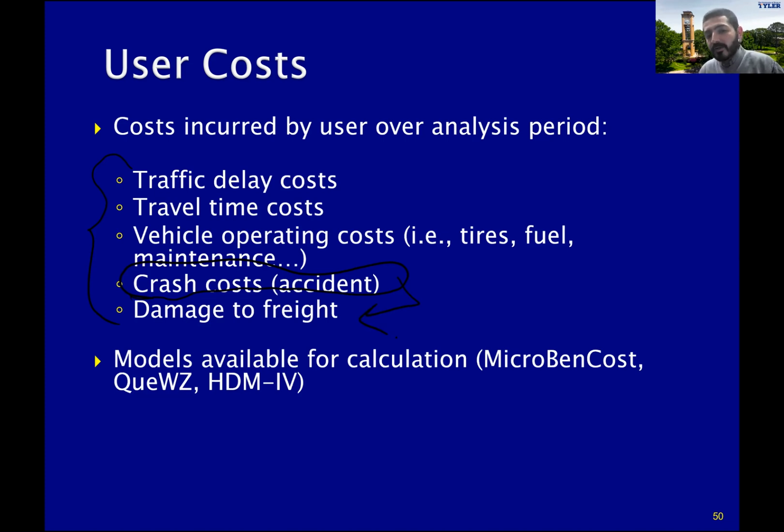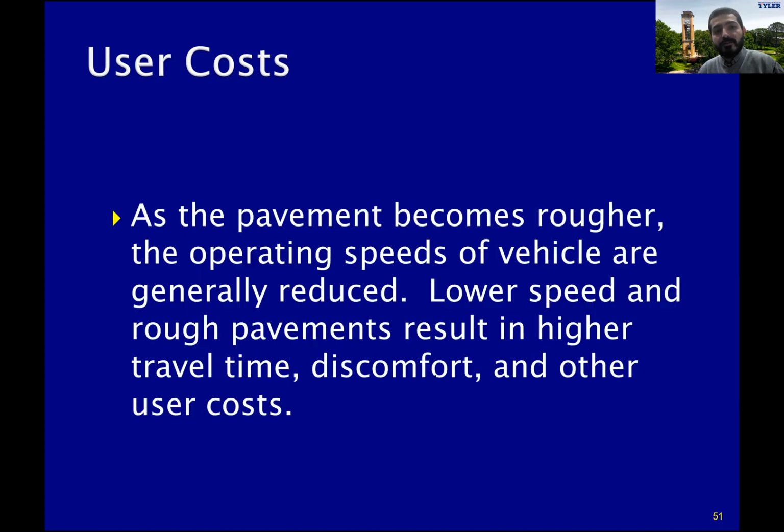So there are lots of models available on how to calculate the user cost. We're not going to get into it, but I highly recommend, at your leisure, checking out the three different types of models that are available to estimate the user cost.